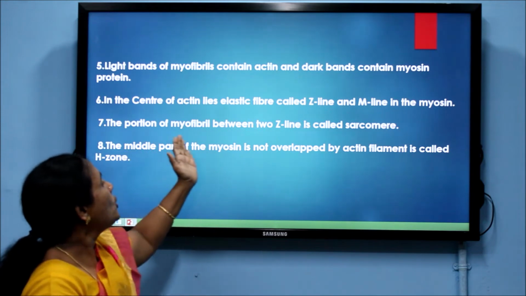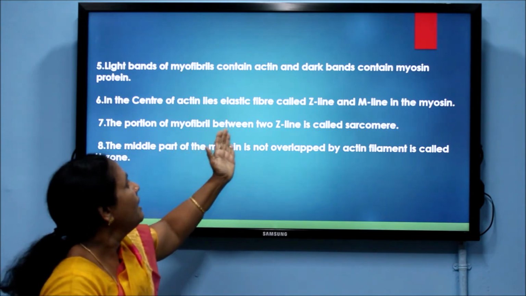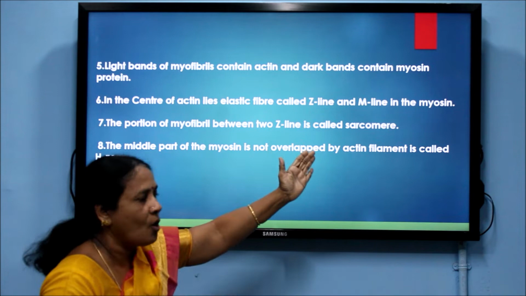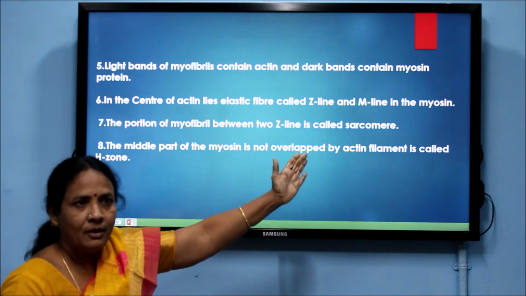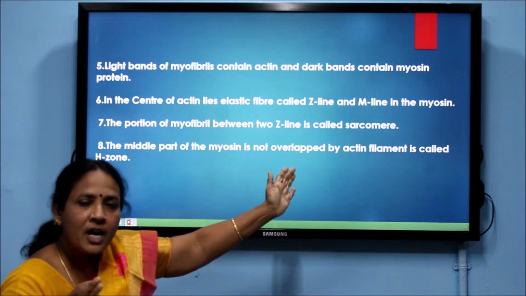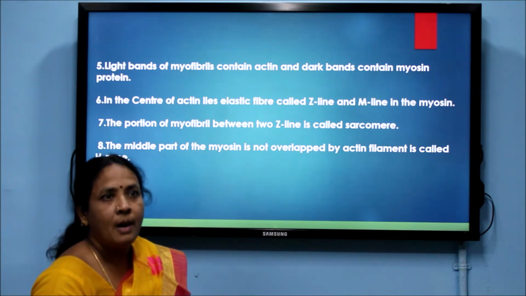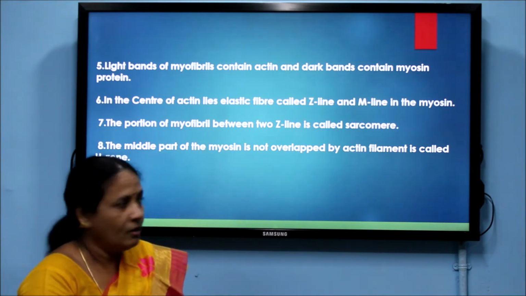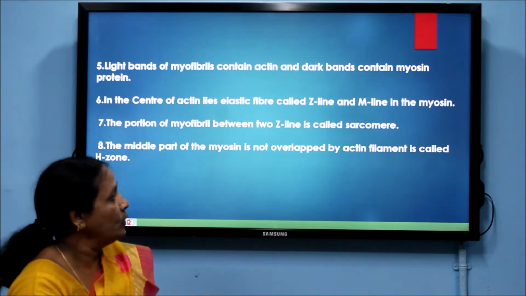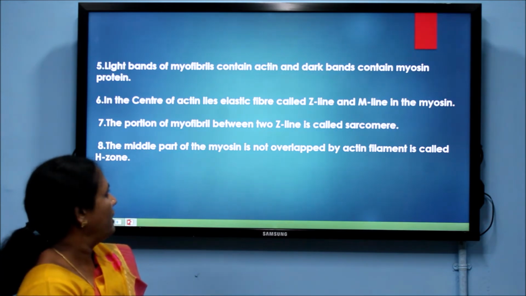The portion of myofibrils between two Z lines is called the sarcomere. The sarcomere is the functional unit of muscle contraction.